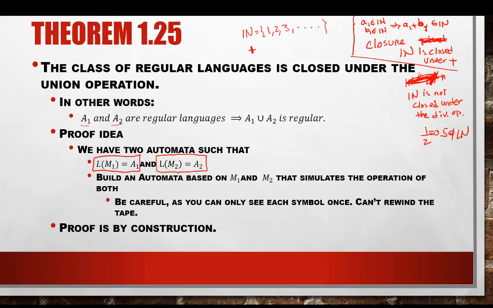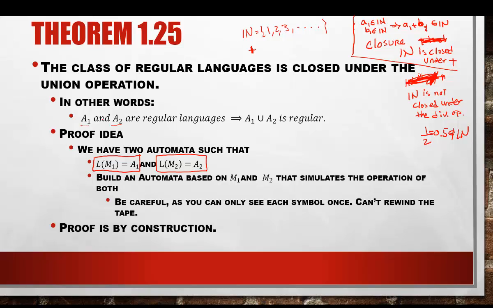We put ourselves in the place of the bigger automaton, knowing that we have at our disposal each of these smaller automata, M sub 1 and M sub 2. Then we're going to see what we would do if we were that big automaton recognizing these languages. Now here's the point.